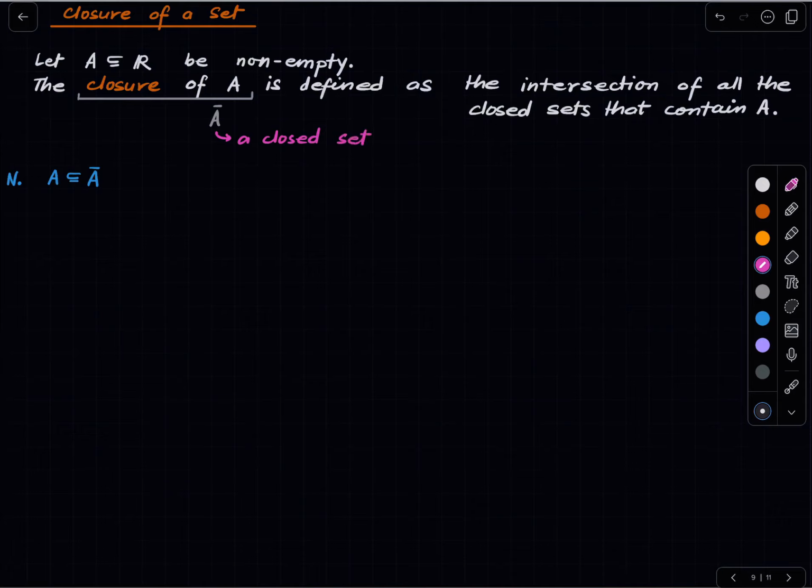And this immediately captures the notion that the closure of a set is the smallest closed set that contains A. Any closed set that contains A will contain the closure, because we are intersecting all the closed sets that contain A to obtain the closure. So we have that with us.